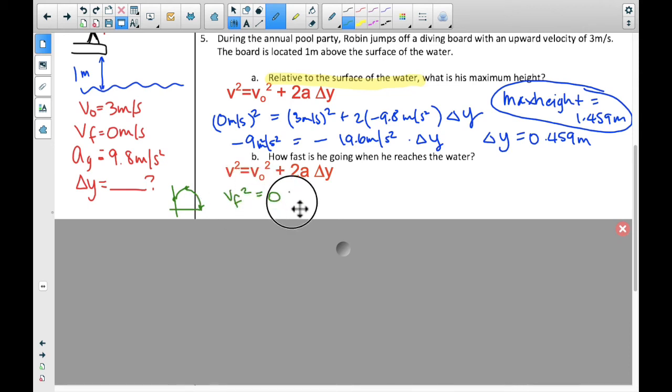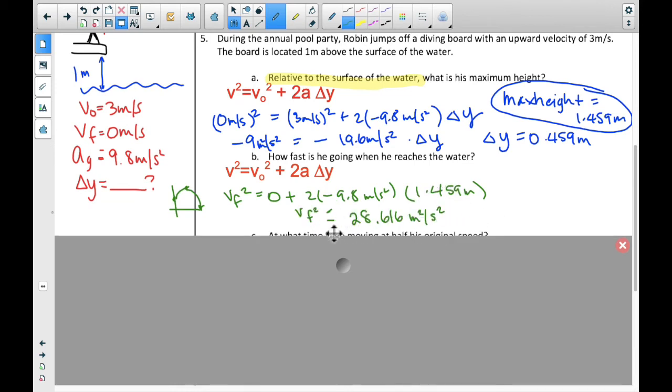Initial velocity is 0. We know that acceleration is negative 9.8 meters per second squared. And the delta y is what we just figured out, but this time we want the 1.459 because that's the whole distance that he travels, 1.459 meters. And so once again, I'm going to take this and put it into my calculator and see what I get.